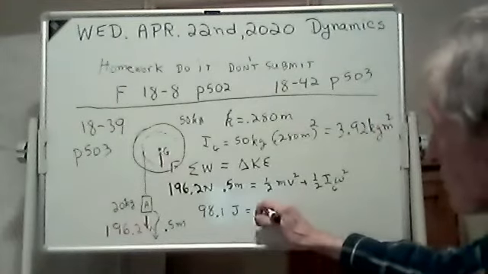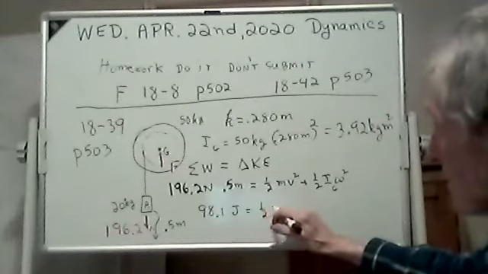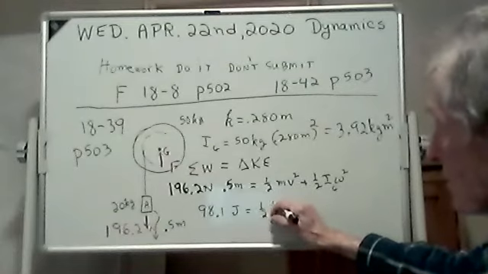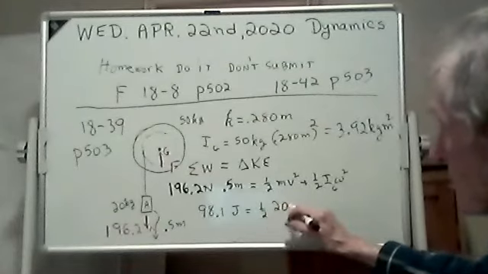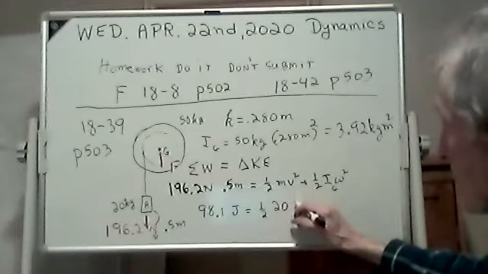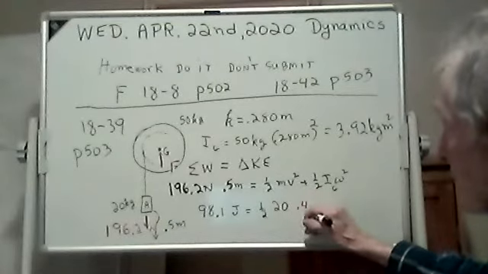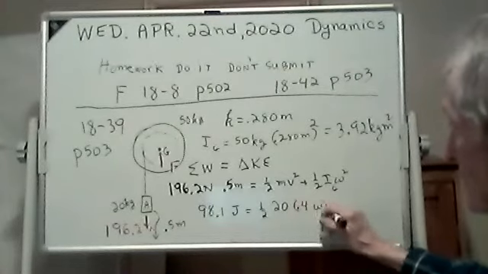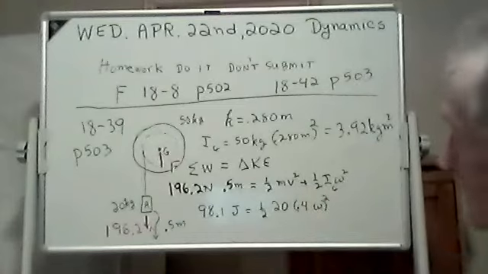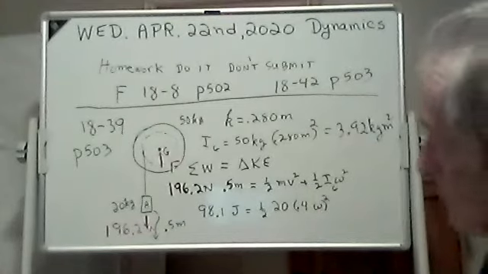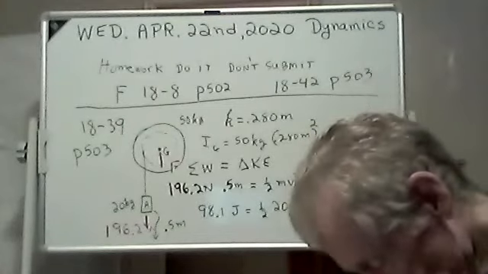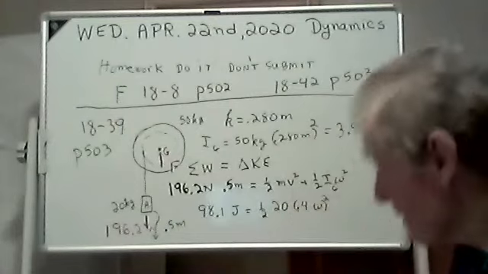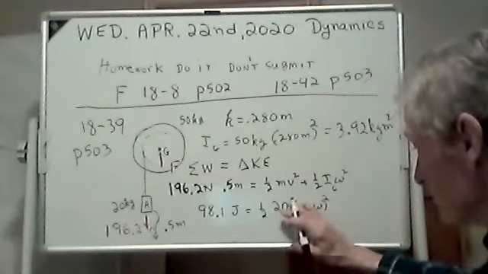Okay, now this is 1/2 the 20 kilograms. I'm going to be lazy here and write this as 0.4 times omega squared. See, the velocity is 0.4. Didn't they say it's 0.4? No, I'm wrong. It's 0.2.